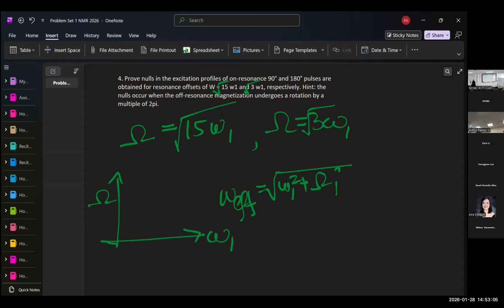So it's the magnitude of this vector sum. And you're applying a pulse which is a 90-degree pulse, which, as we already said, is this.